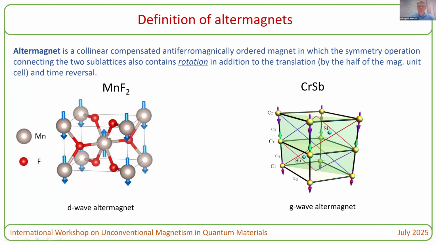In this particular case, this is a rotation by 90 degrees. Well, there are other more complicated types of altermagnets where these additional bonds are three-dimensional and the angle of rotation is different. But about G-wave altermagnets, I will talk later, at the end of my talk.